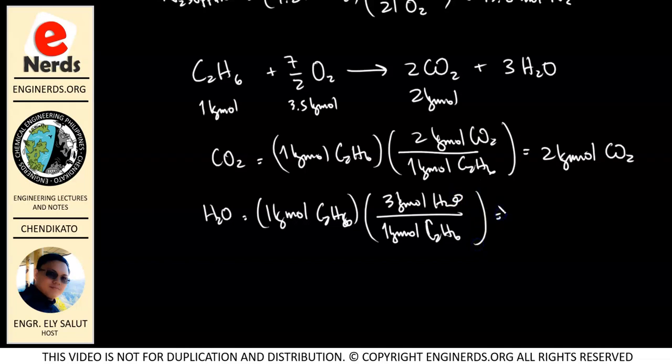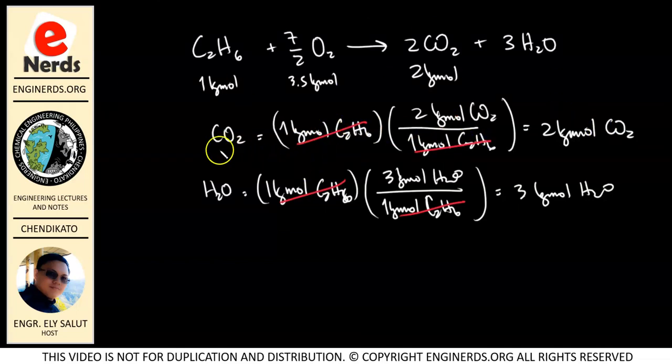Okay, so that means since this will be cancelled out, we will have 3 kilogram mole of water formed because of this complete combustion, no? So let me have the cancel sign here para mas madali nating ma-visualize.